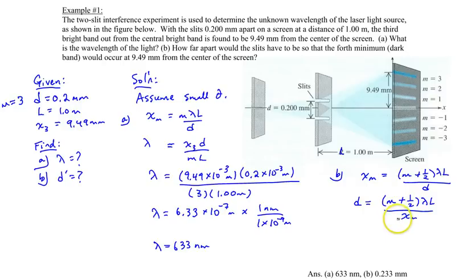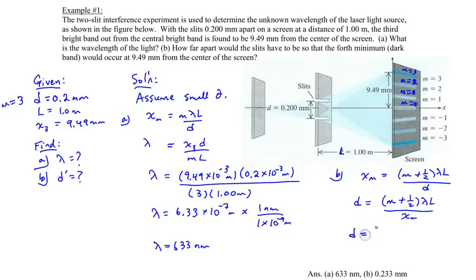Okay, so for the fourth order dark fringe, m equals 0, then 1, then 2, and then 3. So the fourth order fringe would be m equals 3.